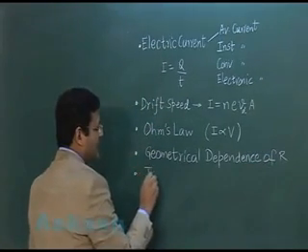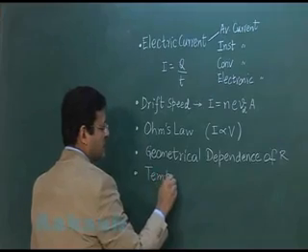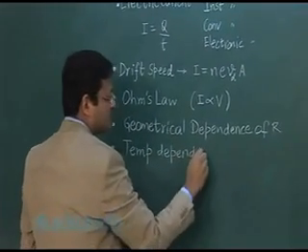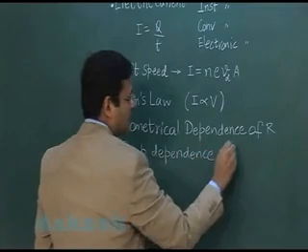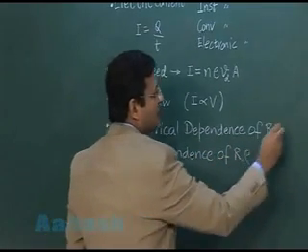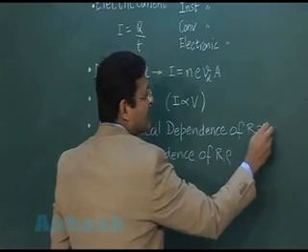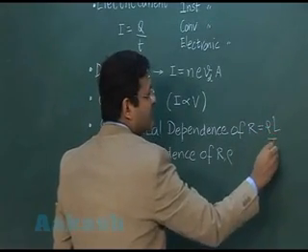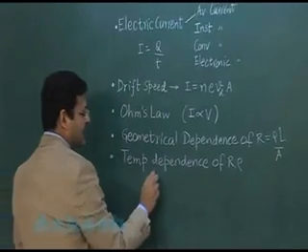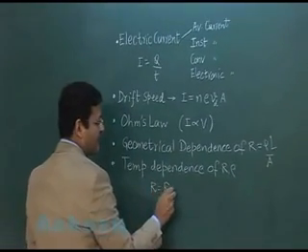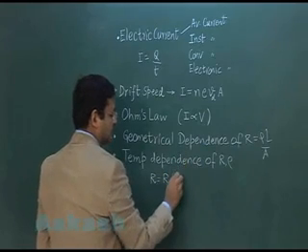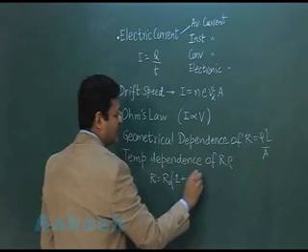Then we talked about temperature dependence of resistor or resistivity. For geometrical dependence, we said that R is equal to rho L by A. For temperature dependence, we said that resistance is R naught (1 plus alpha T).